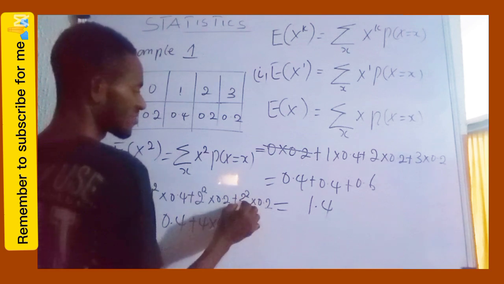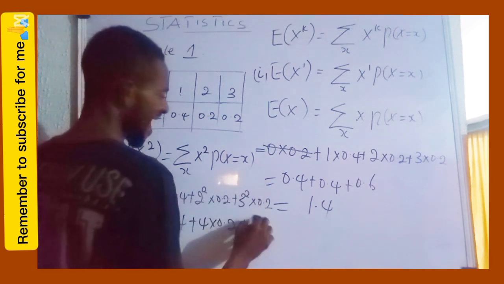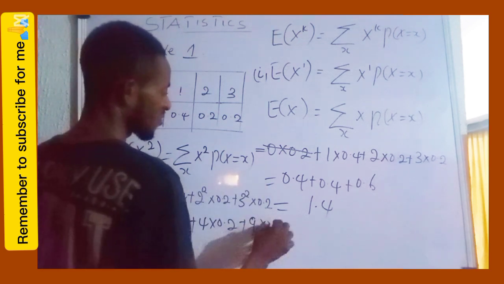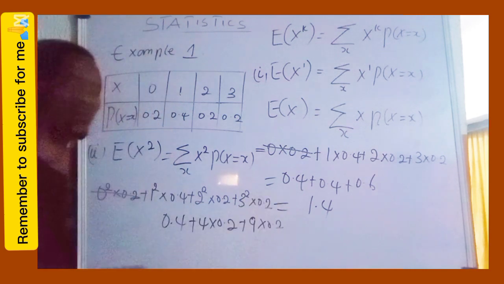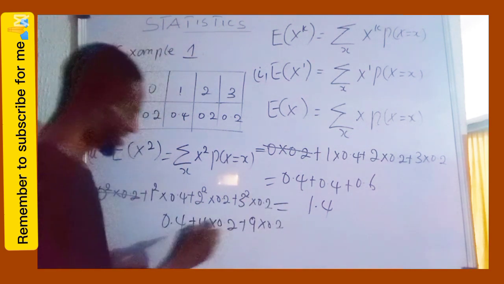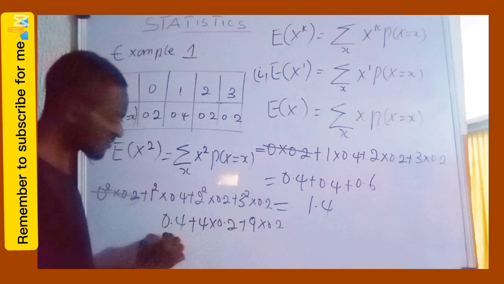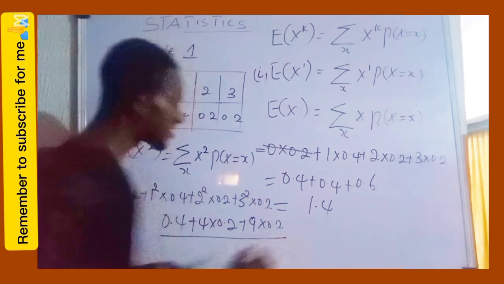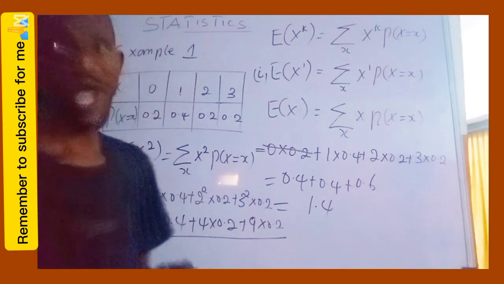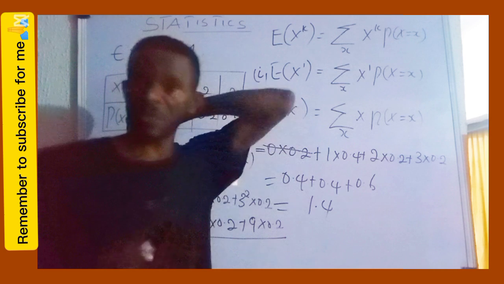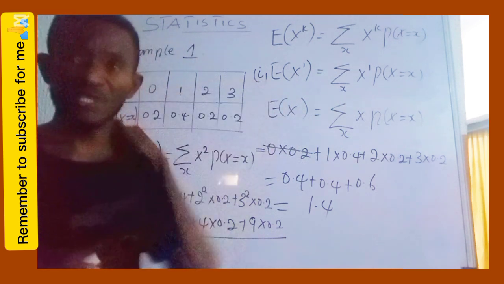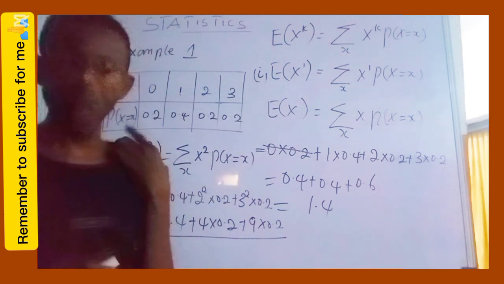And then 3 raised to power 2 will give me 9, multiplied by 0.2. This is what we are going to have here. Because I do not have a calculator present, the moment you evaluate this, that becomes the second theoretical moment about the origin, 0.